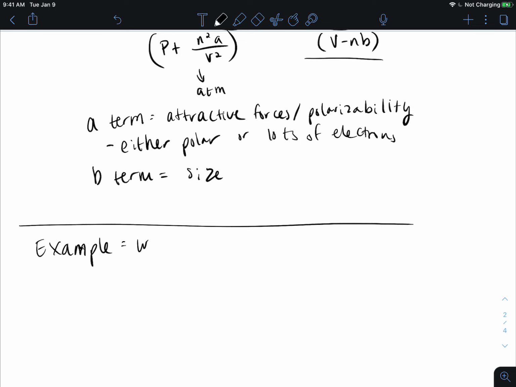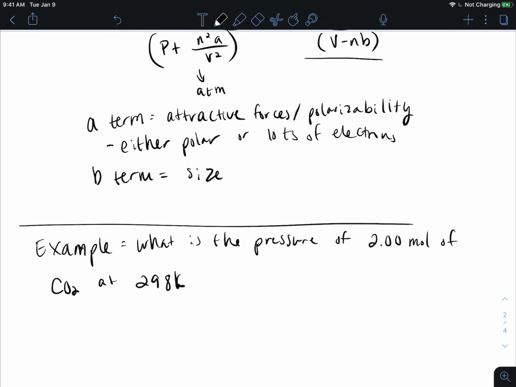What is the pressure of 2.00 moles of carbon dioxide at 298 Kelvin in a 5.00 liter container, assuming real gas behavior?